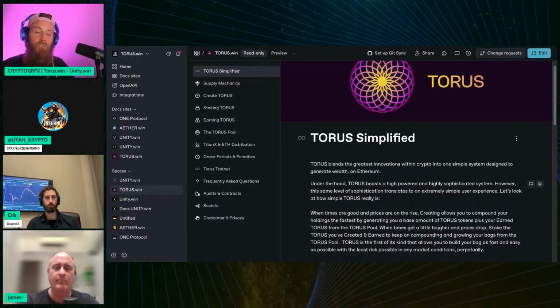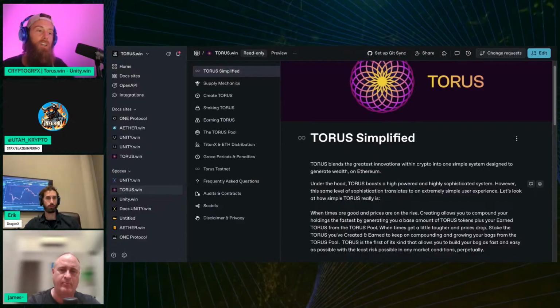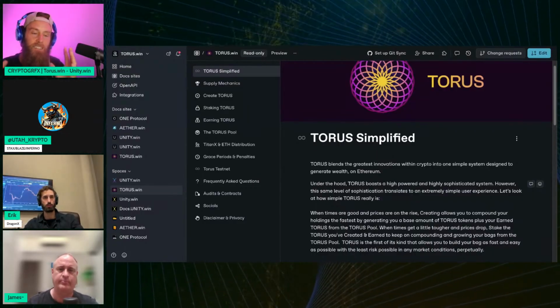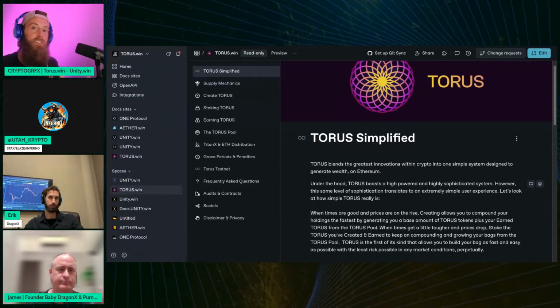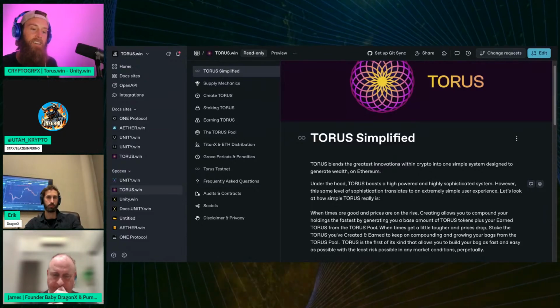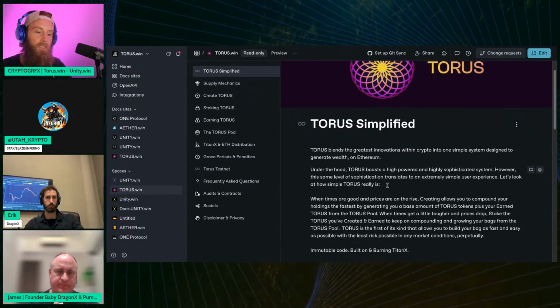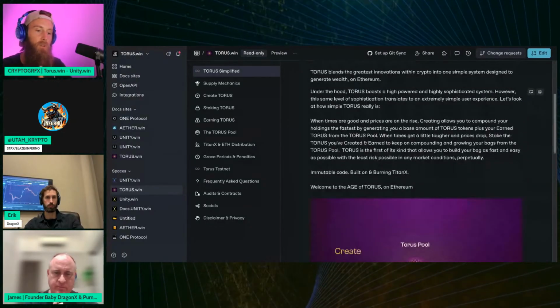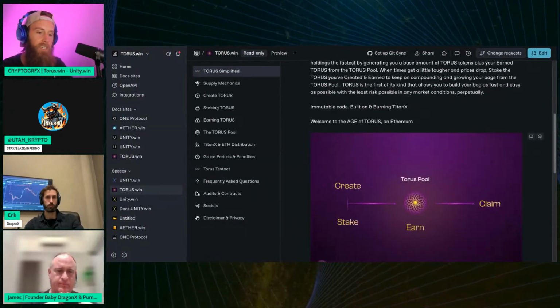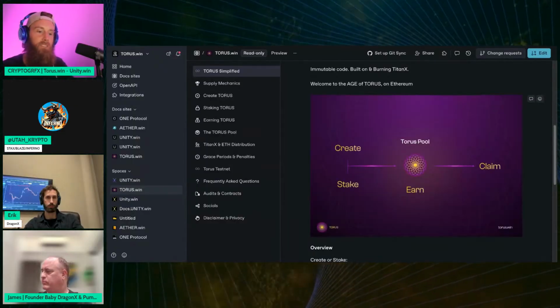So you got Hex, you got Titan X, and you got BTC that have all individually had some amazing mechanics, and it's simplified into one system. It's very sophisticated and complex on the back end, but incredibly simple on the front end. And you guys are going to see this very soon. It's fair launch, immutable code, built on and burning Titan X, and welcome to the age of Torus.